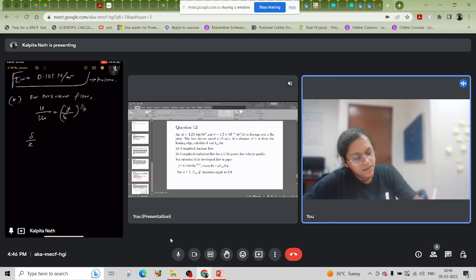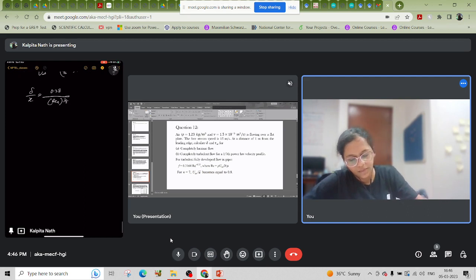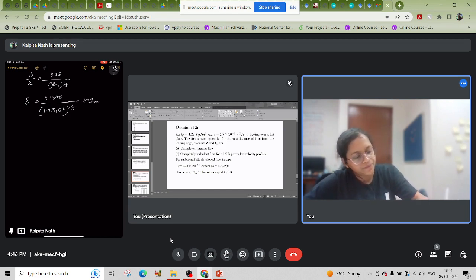Now delta by x, for this we know that for turbulent flow it is Reynolds number 1 by 5. Previously we have already found it. 0.370 upon 1 into 10 to the power 6, 1 by 5, into 1 meter. So this gives 23.34 mm, or delta by x is equal to 0.0233.